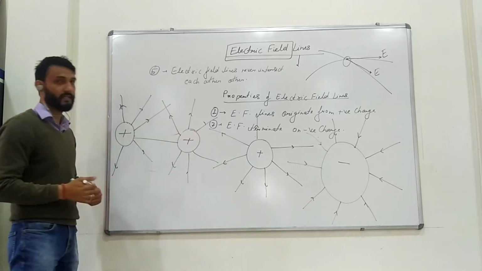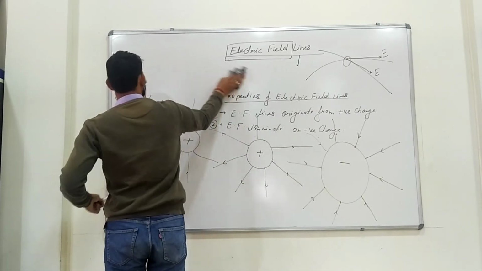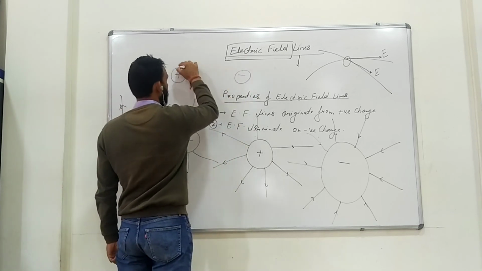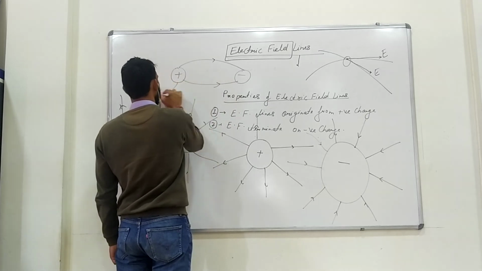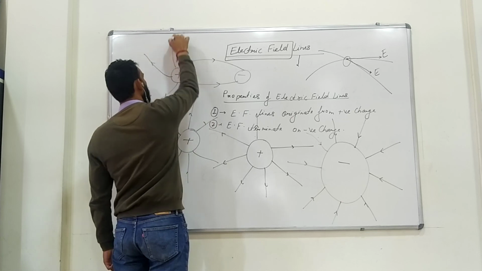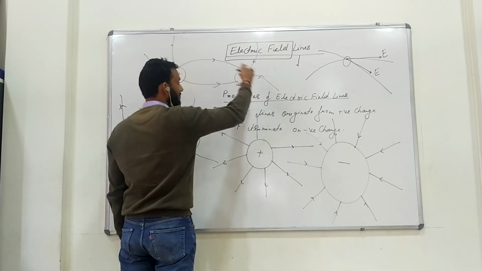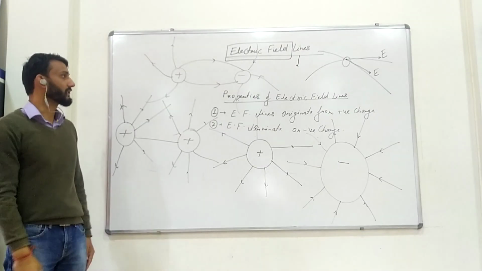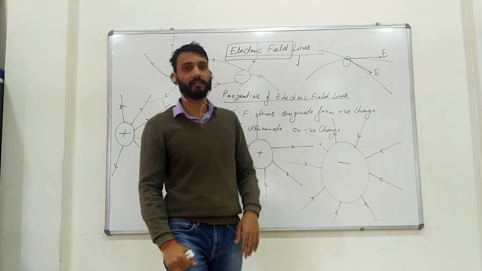If you have a positive and a negative charge, the lines will start from the positive and terminate on the negative, like this, going outwards from the positive and coming in at the negative. So for a negative charge they will always move towards the charge, and for a positive charge they will always move away from the charge. So these are the electric field lines, their properties and their diagrams. Thank you.